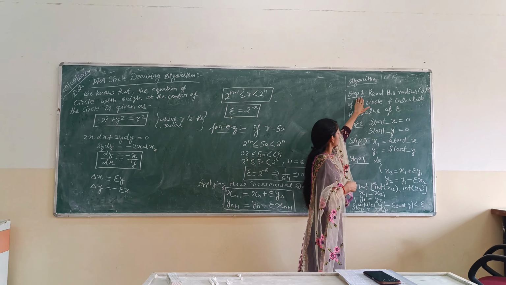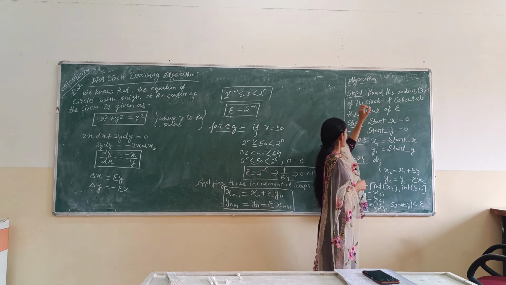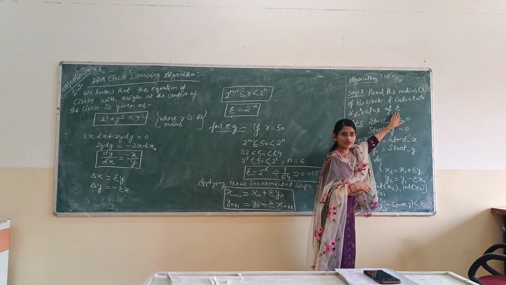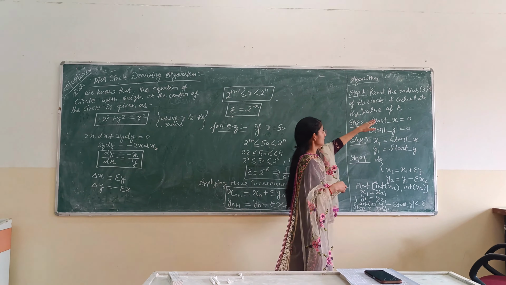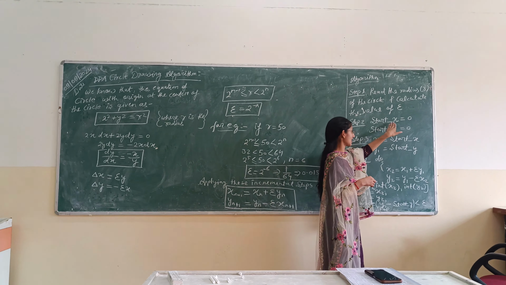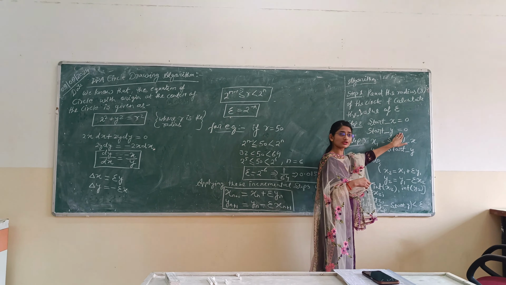Step number one, DDA circle drawing algorithm. Read the radius r of the circle and calculate the value of epsilon, which you have already calculated here. The next step will be start of x is equal to 0 and start of y is equal to 0.